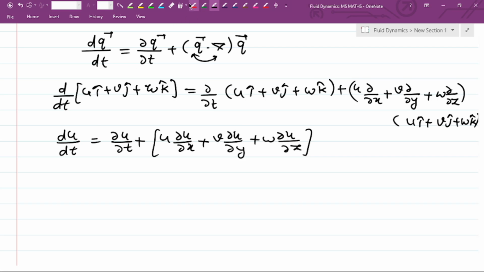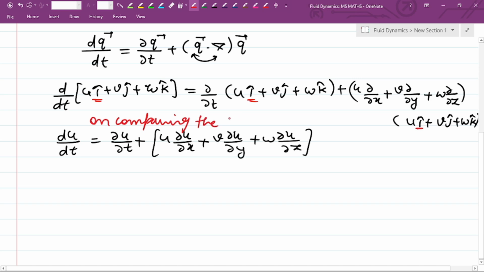On comparing with i cap and after multiplying, this component gets multiplied with this and this, and after comparing the coefficient of i cap we will get this. Similarly we compare the coefficients of i, j and k cap.